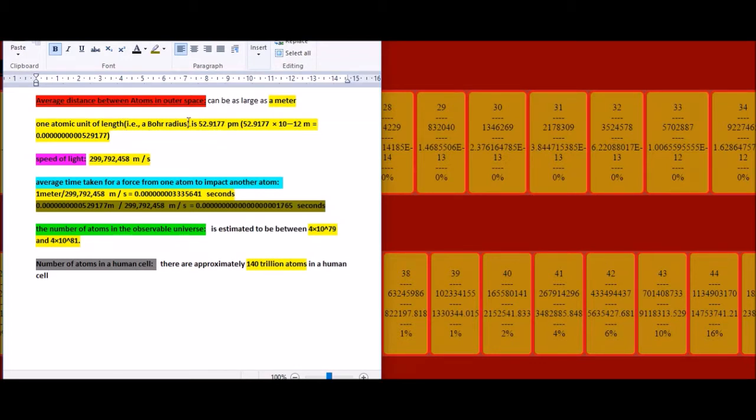Probably 100. Like the carbon to oxygen bond, the distance between the carbon and the oxygen there is around 4 times that. But I'm going to use that for this argument.